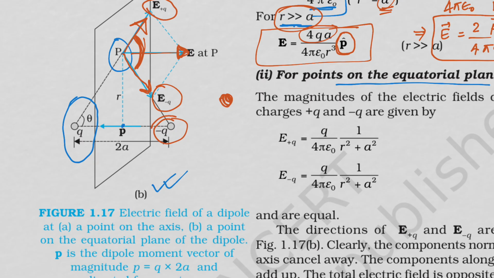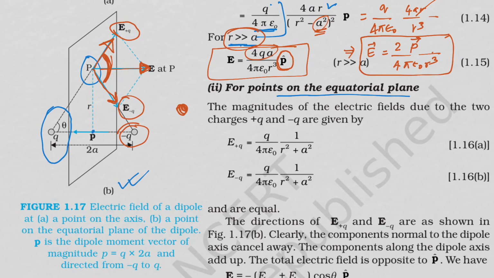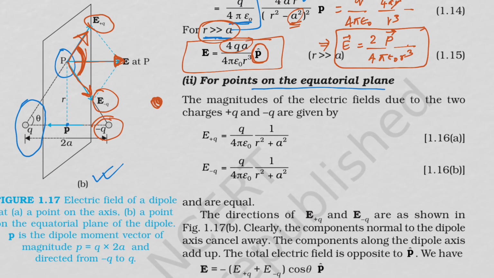Now, for that, we again have to find the electric field by the individual charges one by one, which you can see in the calculations on the right hand side. So, the electric field due to the positive charge is Q upon 4 pi epsilon naught, 1 upon R square plus A square.